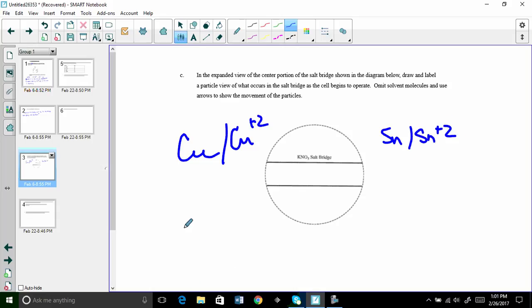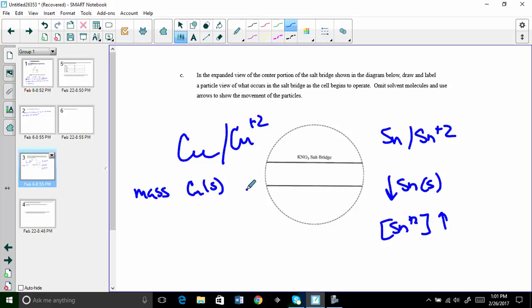And so we know that this is oxidation, so the tin metal mass is decreasing, but the concentration of tin is increasing. Vice versa, the mass of the copper metal is increasing, and because that's increasing, the concentration of the copper in solution is decreasing.